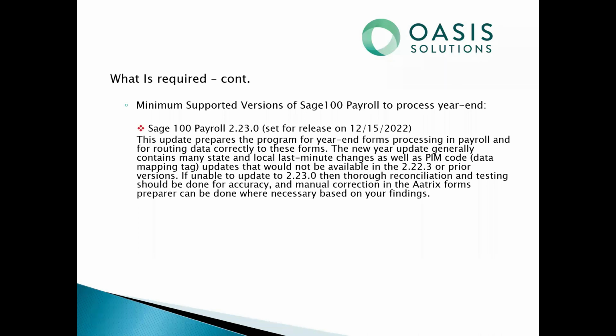If you have third-party enhancements where it might not be possible to update to payroll 2.23.0, and there shouldn't be very many of those that would be impacted by payroll update, but if by chance you do have a third-party enhancement where it is not going to be possible to get to the 2.23.0 level on payroll, you'll just want to make sure you plan to do a very thorough reconciliation and testing of the data that goes from Sage into Atrix to make sure that it is going into the correct place and is reporting as it's supposed to be.